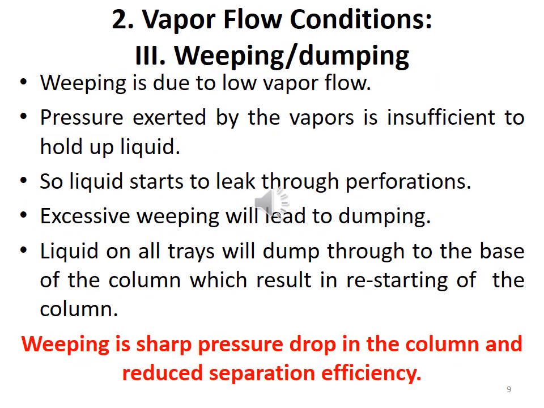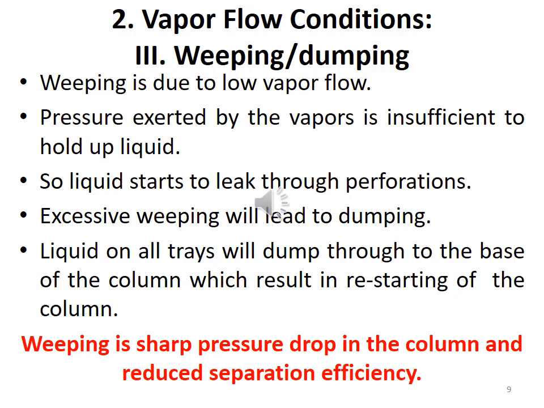Weeping or dumping is a phenomenon which is caused by low vapor flow. The pressure exerted by the vapor is insufficient to hold up the liquid on the tray, and resultantly the liquid starts to leak through the perforations, through the holes. Excessive weeping will result in dumping.